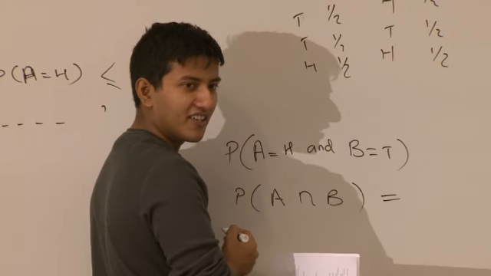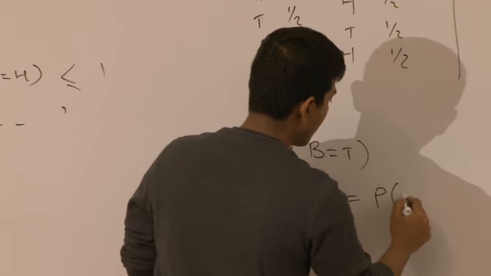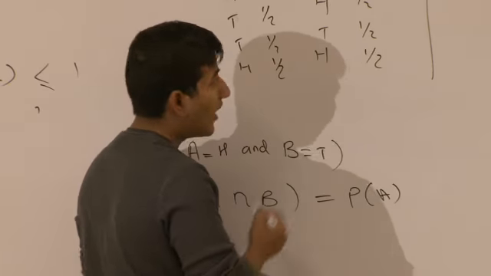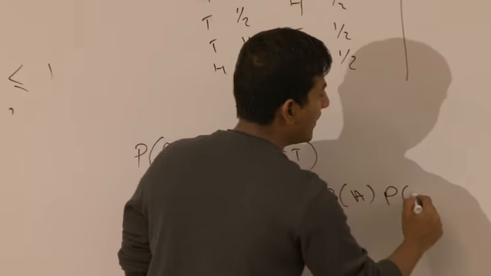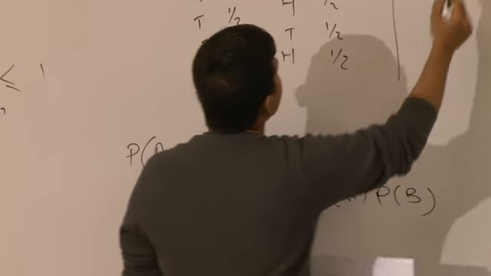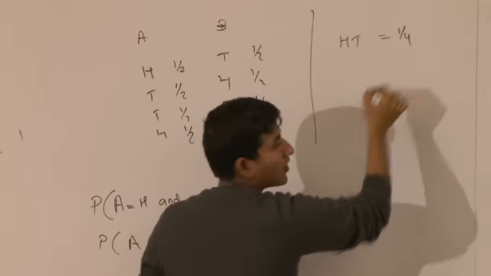There will be P of A times P of B. So we could simply say it's 1/4.